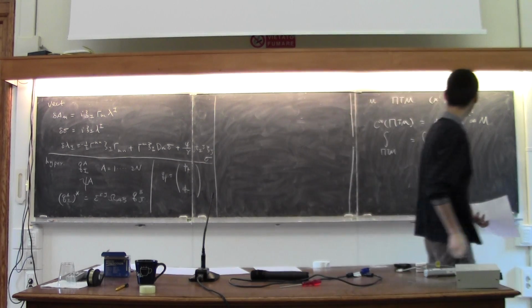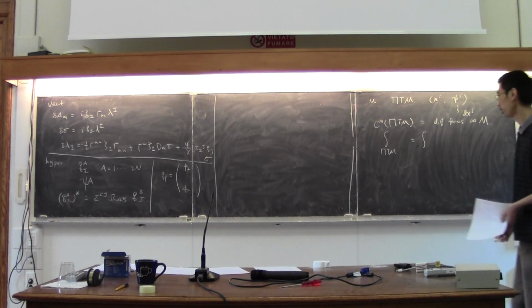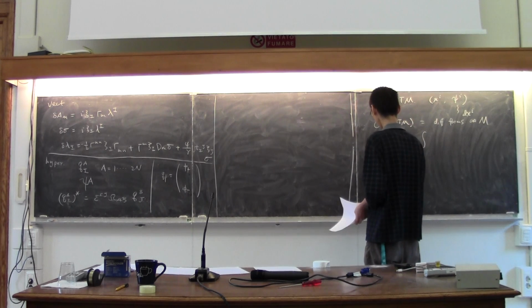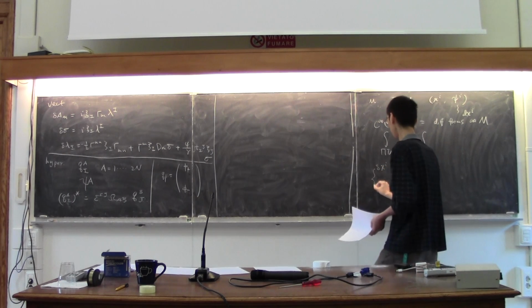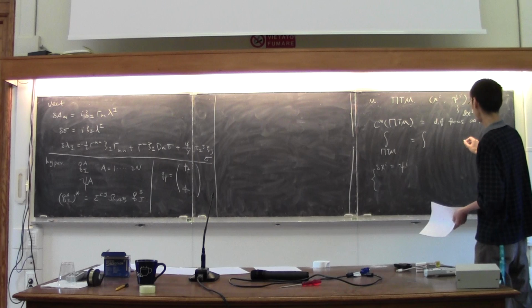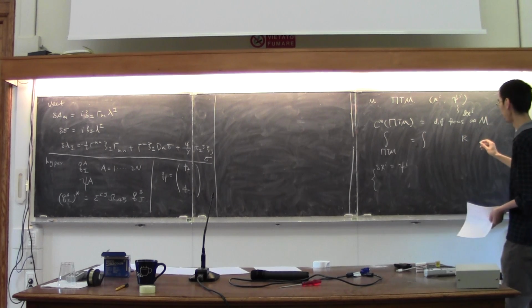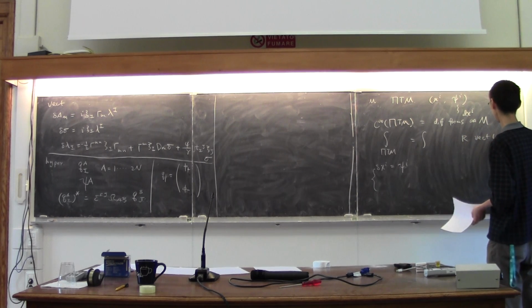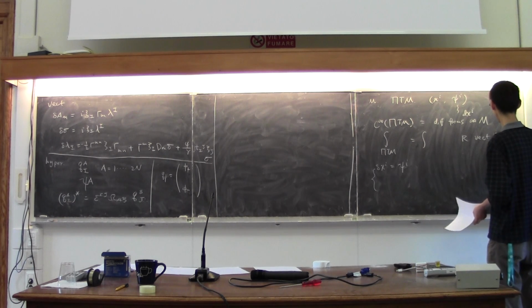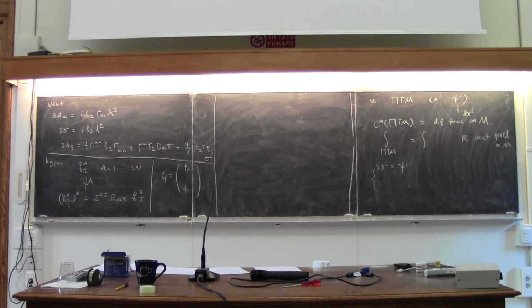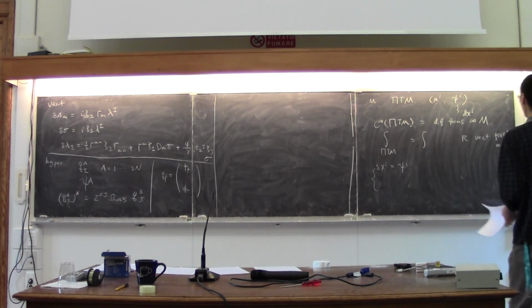Now, consider the following differential. Let R be a vector field on M such that it is Killing, assuming that there's a metric, of course.